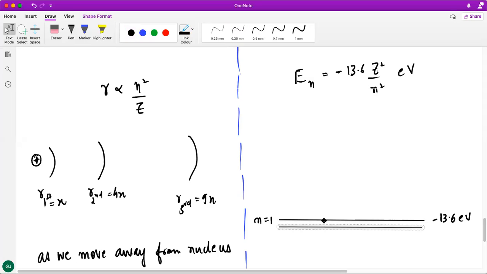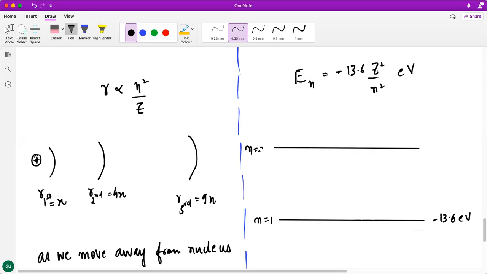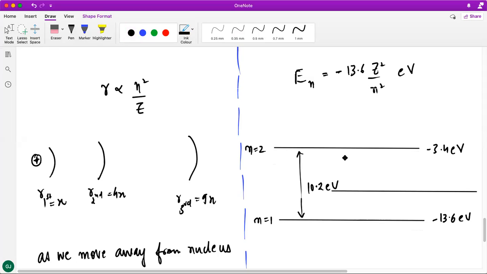If I put n equal to 2, what will be the energy? थोड़ा सा मैथ्स लगेगा. So if you put n equal to 2, then the energy level will come out to be minus 3.4 eV. Right? The gap between the two here will be how much? 10.2 eV. Put n equal to 3.